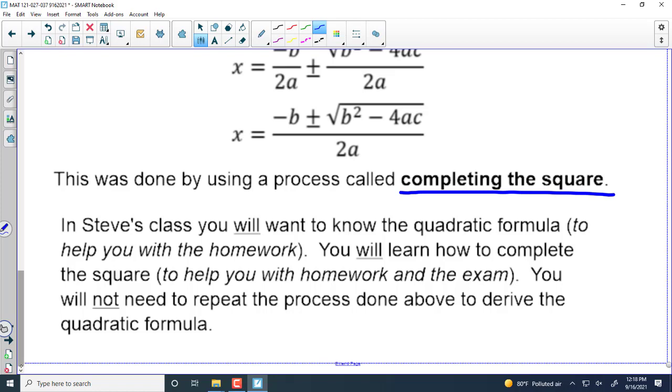In your class, you will want to know the quadratic formula. It will help you with your homework. And I'm going to teach you. Good. Welcome to college, everyone. I'm going to help you learn. You will learn. I will teach. I will teach you how to do this thing called completing the square without all these symbols. I'm going to teach you how to do it with actual numbers.